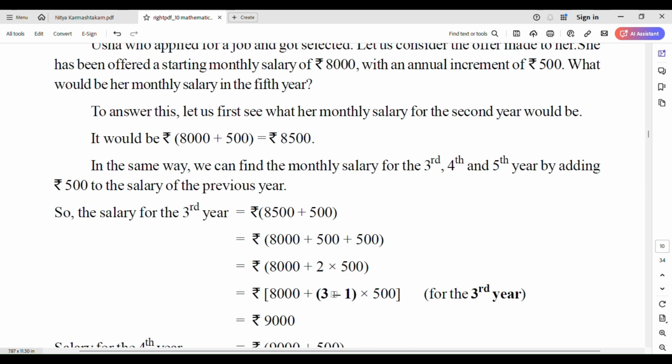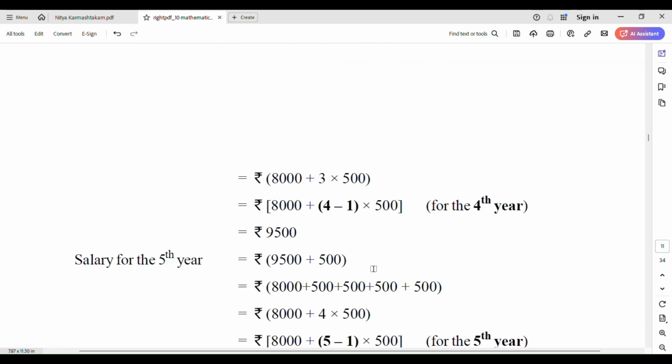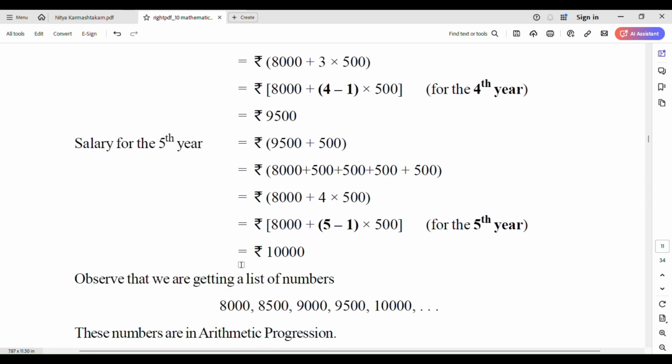Or 3 minus 1 into 500, because for the third year we want to derive the same number as the term basically. Okay, so the third term, 3 minus 1 into 500. Fourth year, 4 minus 1 into 500 plus 8000, okay, 9500. Fifth year, 8000 plus 5 minus 1 into 500, which is 10,000, right?